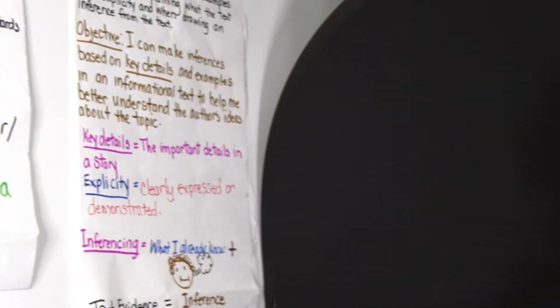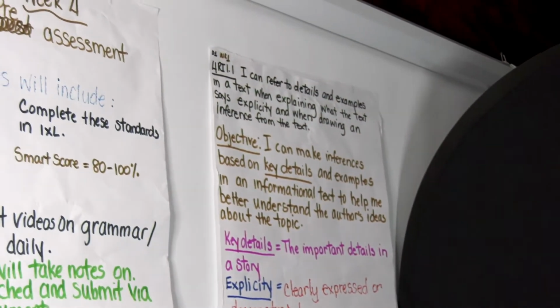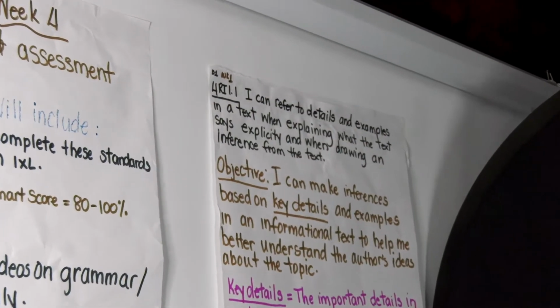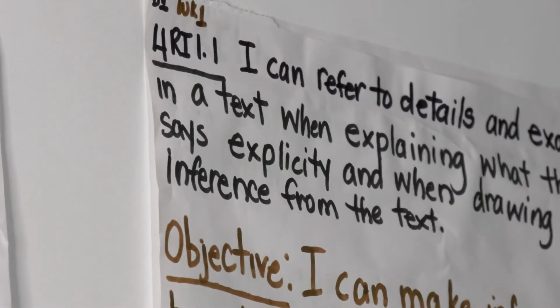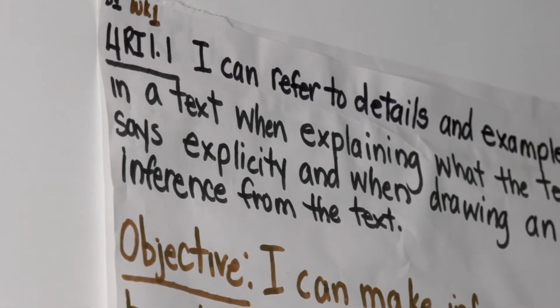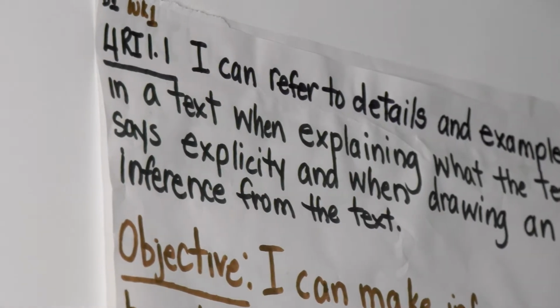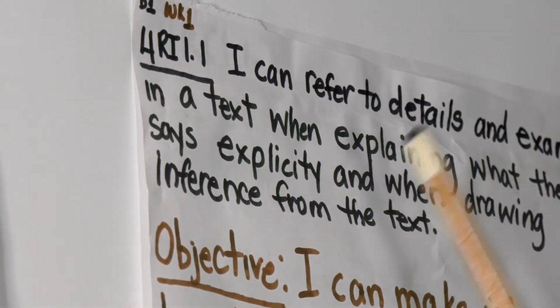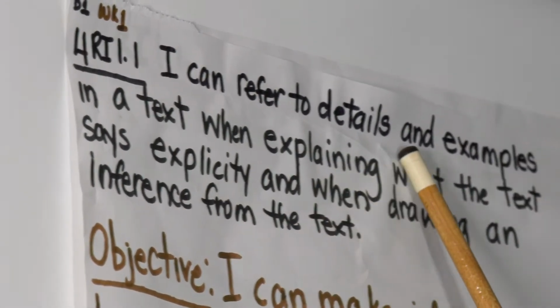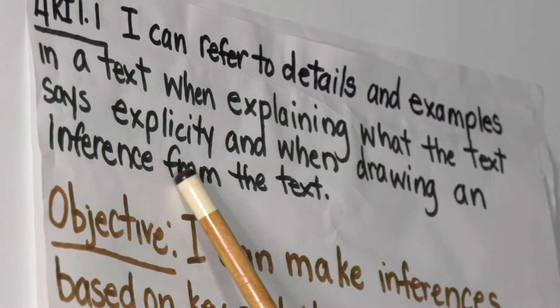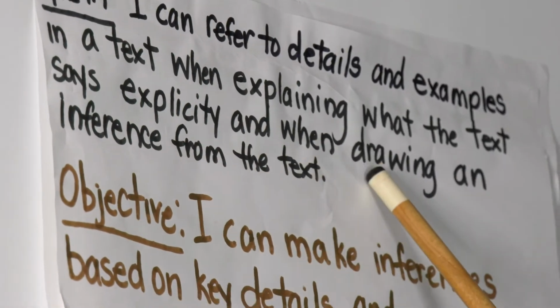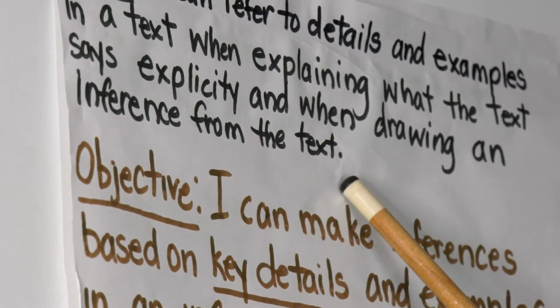Today, boys and girls, we're going to be working on RI 1.1, and this standard is for grades 3, 4, and 5. So I'm going to go ahead and look at this particular standard, RI 1.1: I can refer to details and examples in a text when explaining what the text says explicitly and when drawing on an inference from the text.